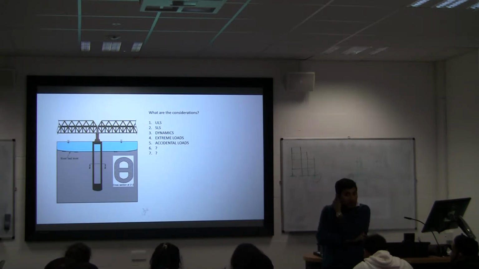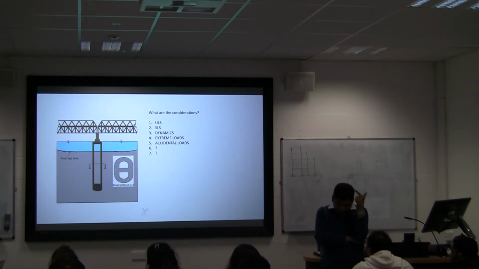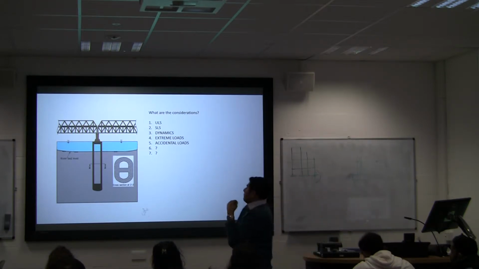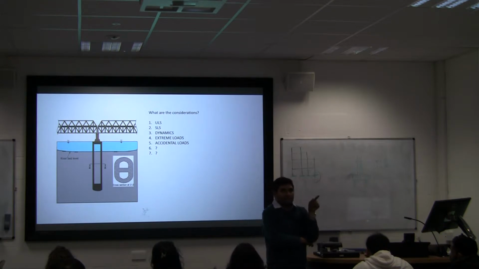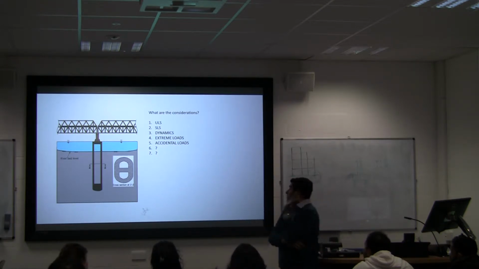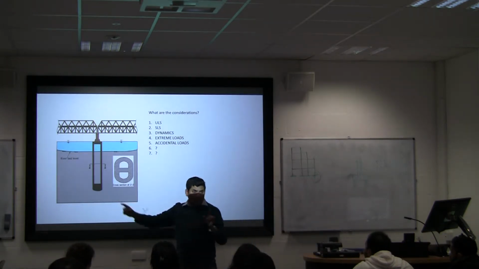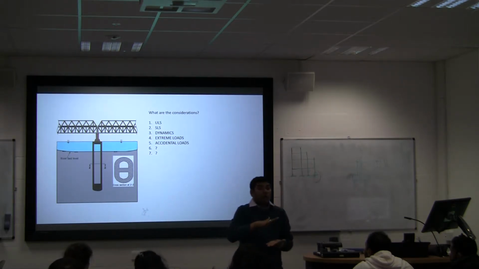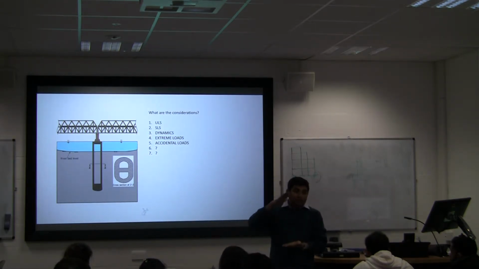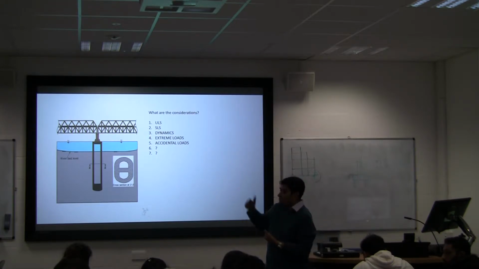If you do the foundation design for these sort of bridges, what would you look for? Thinking back to the flow chart I was showing in lecture 1, look for the loads, yeah? First is the load, ULS, ultimate limit state. What is the maximum load that will be applied to your structure? What would you consider for this bridge?